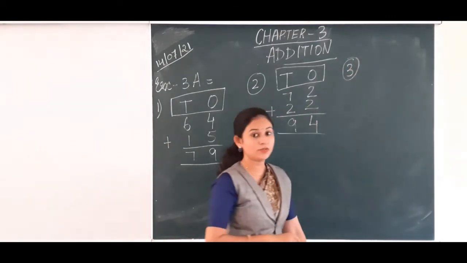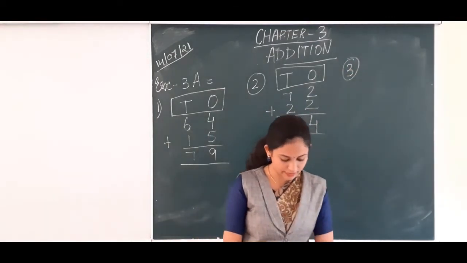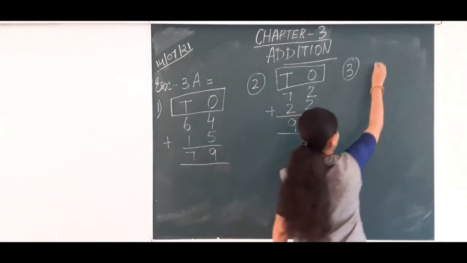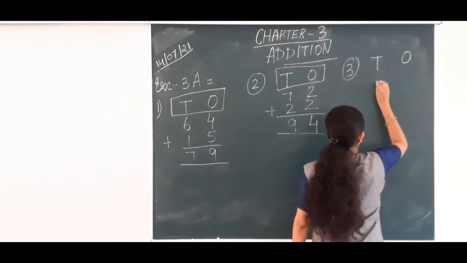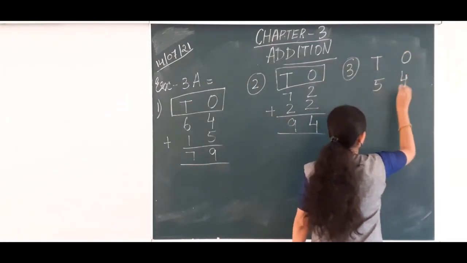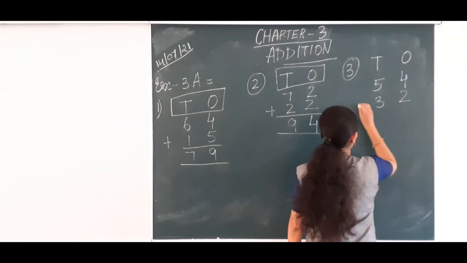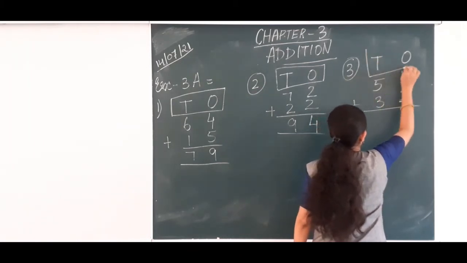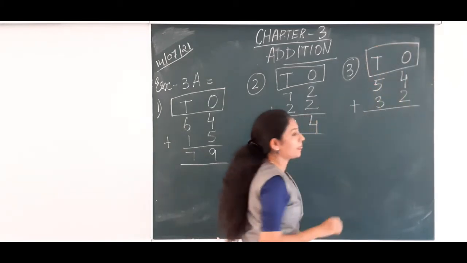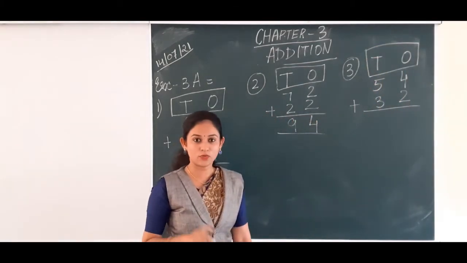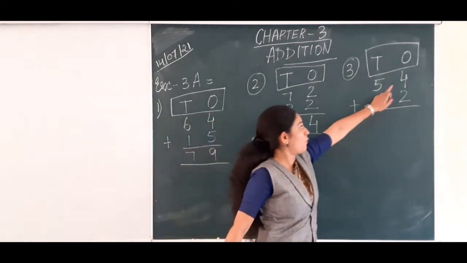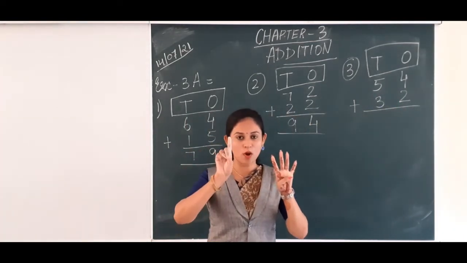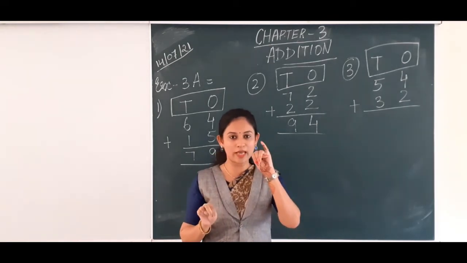Question number 3 is 54 plus 32. First, the ones column, 4 plus 2. 1, 2, 3, 4, 5, 6.